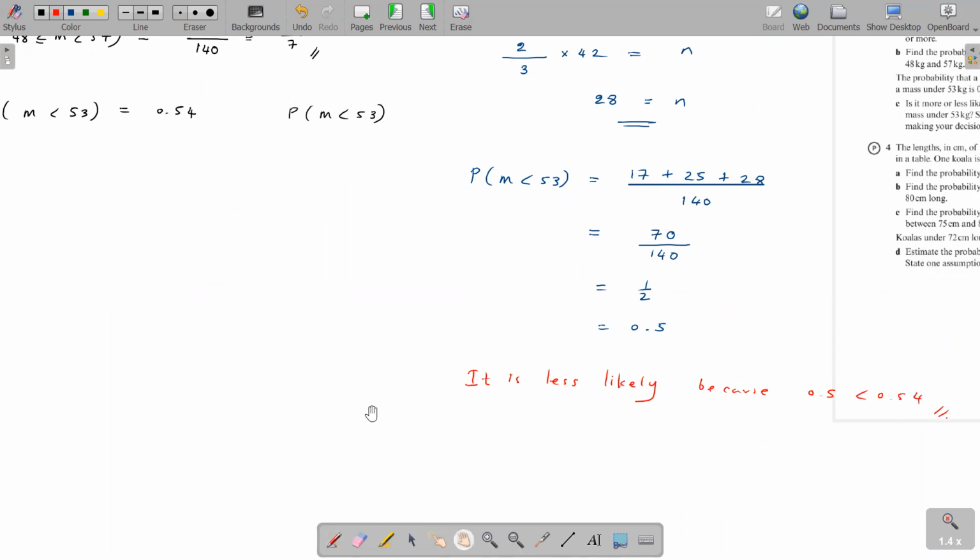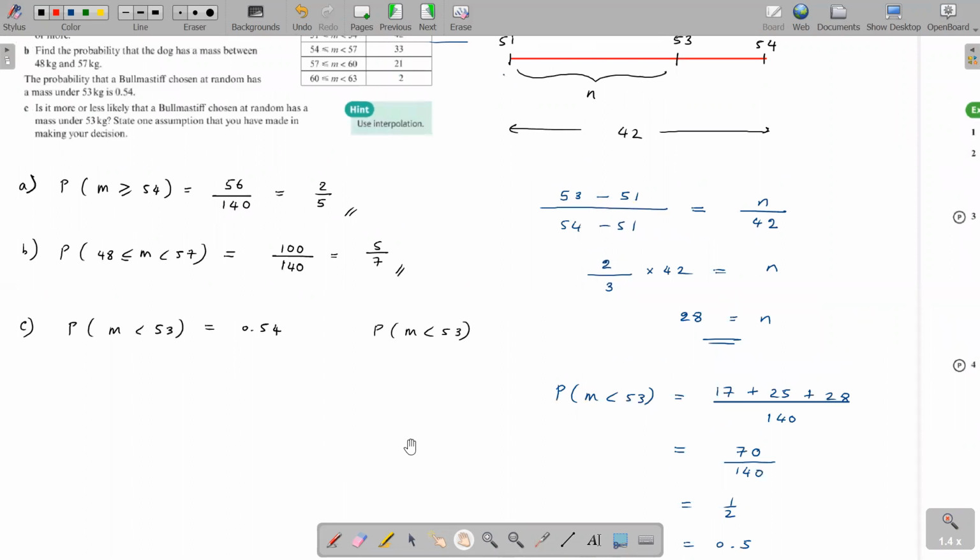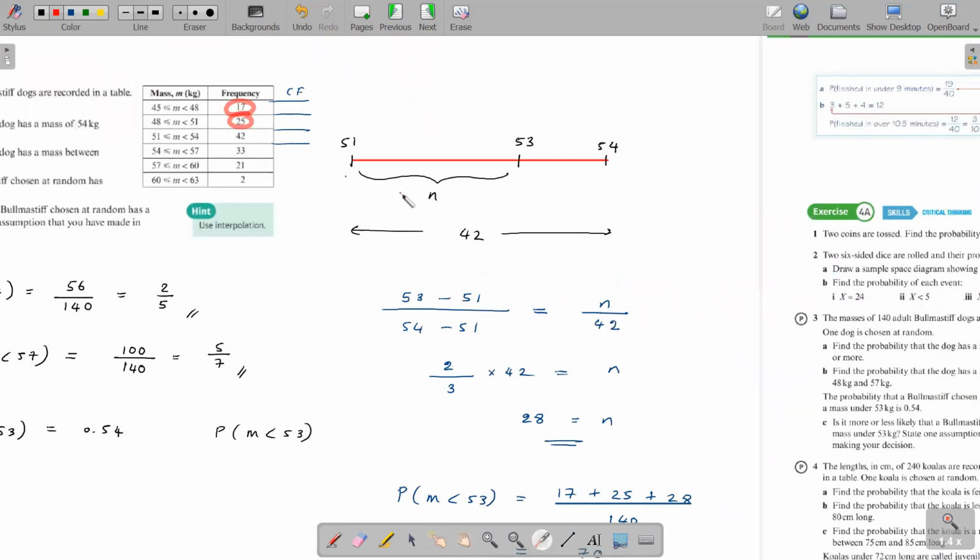And also, what's the main assumption that we made here? Remember that one of the main assumptions when we use interpolation is that we always assume the frequency is evenly distributed.